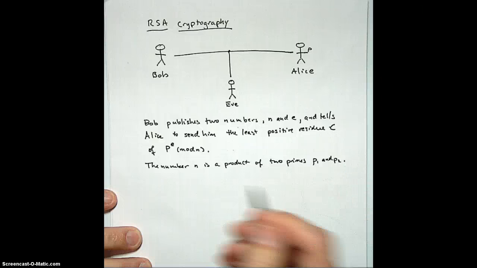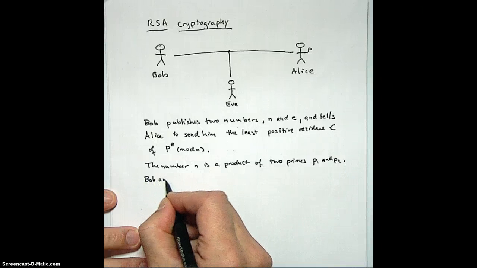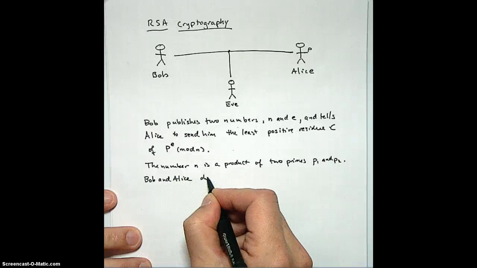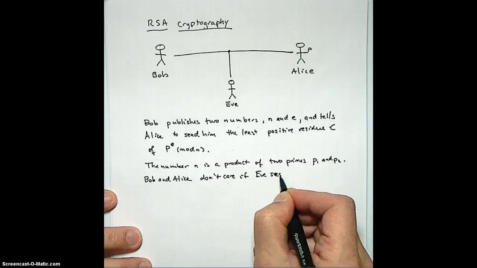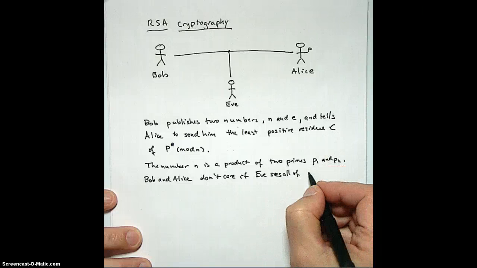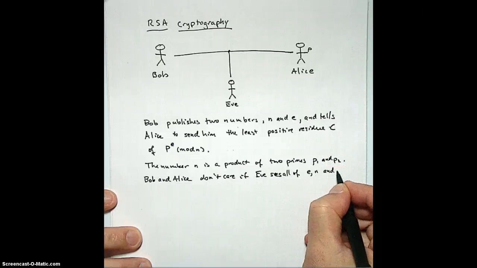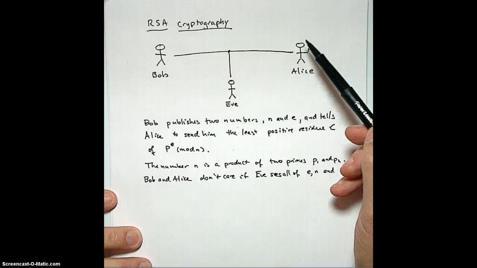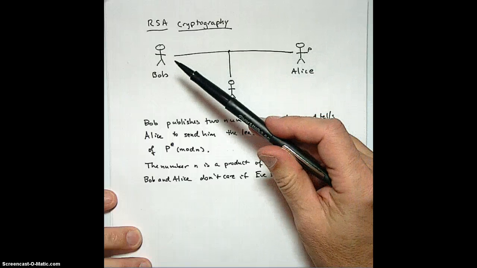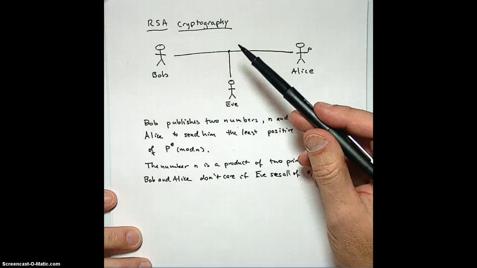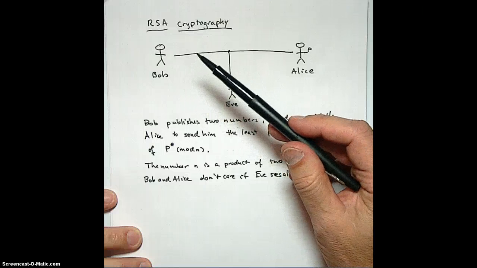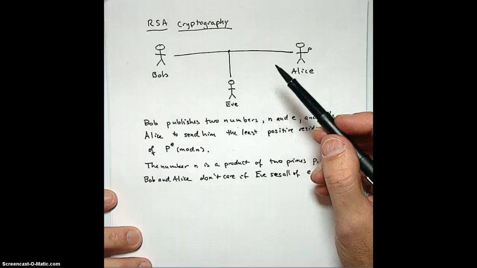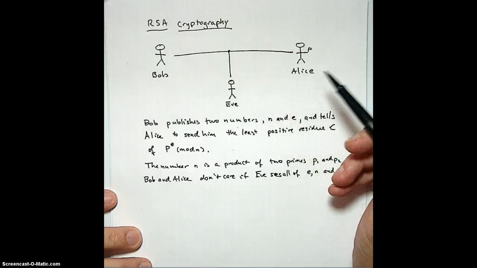Bob and Alice don't care if Eve sees all of E, N, and C. Alice sends C across this wire, and Eve intercepts it and reads it. And Eve has previously read the numbers E and N that Bob is telling Alice to use to encode her message.